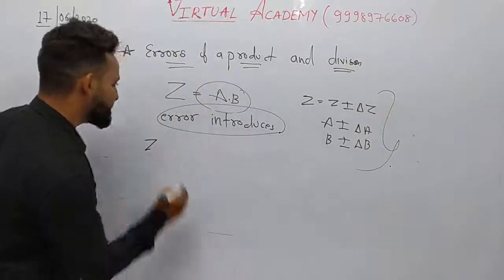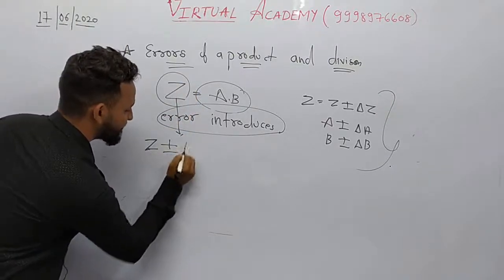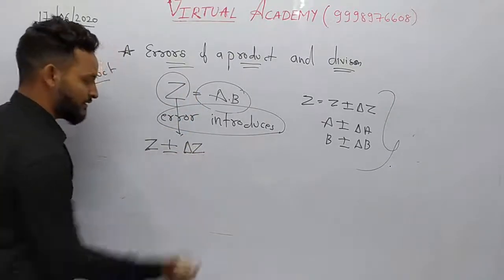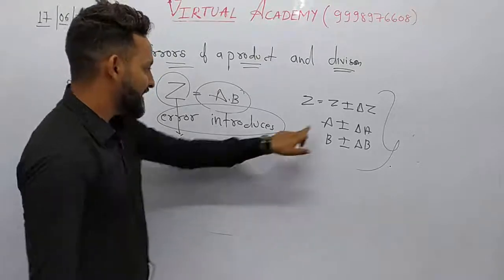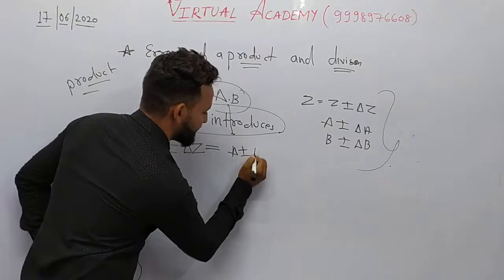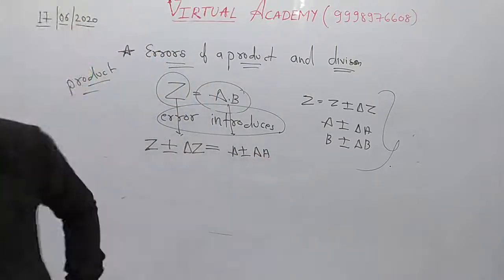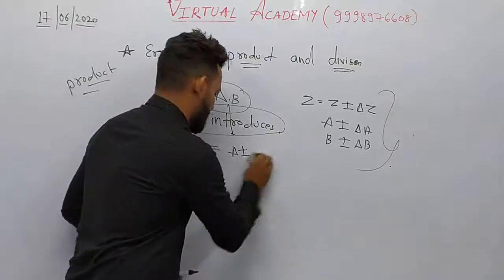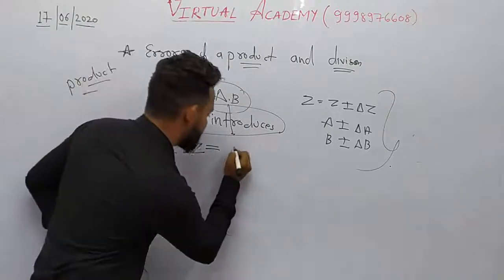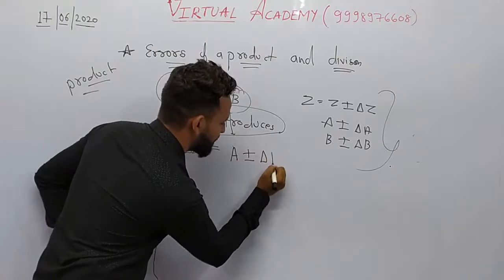For Z it is Z plus minus delta Z, and for A it is A plus minus delta A.